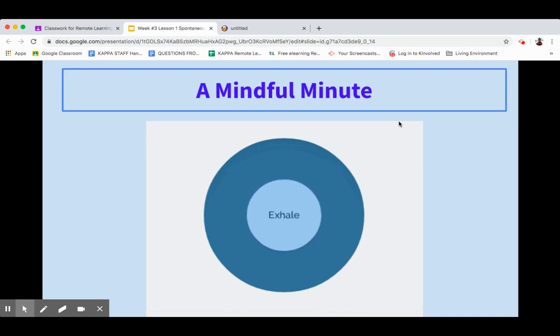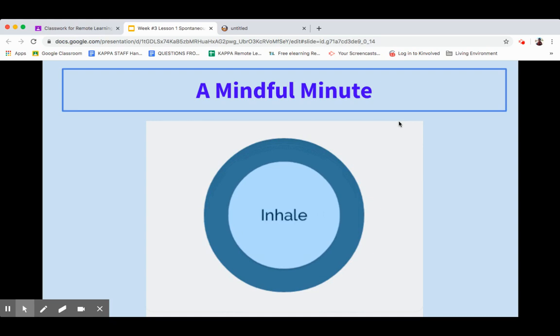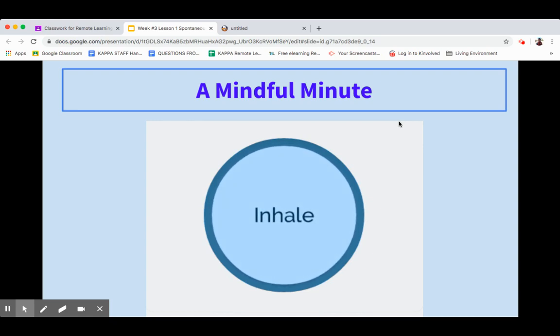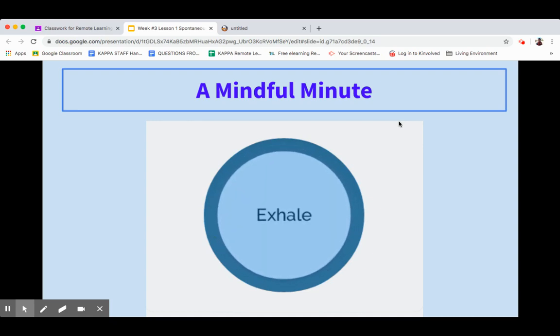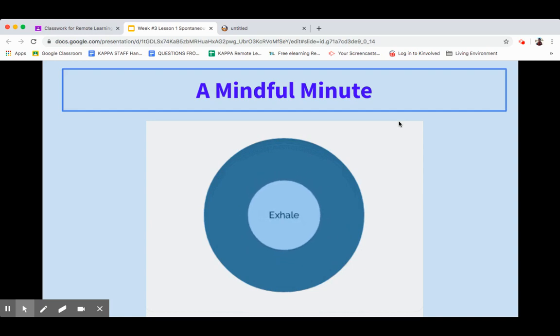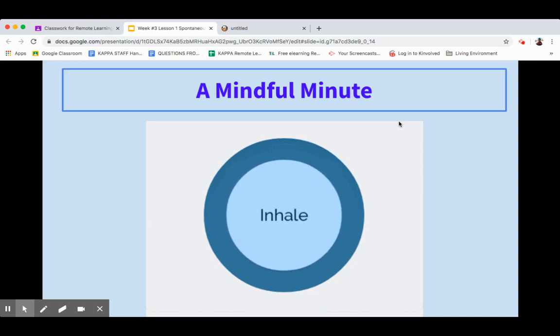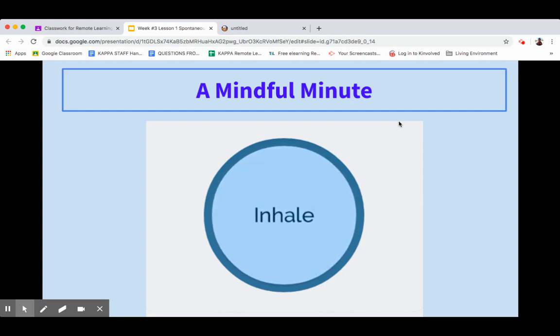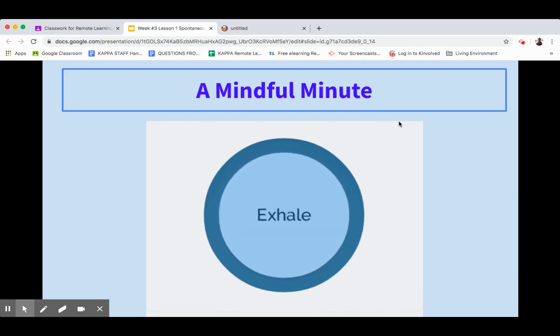So getting ready, we'll inhale through our nose, nice deep breath in, and exhale, releasing the air. Inhale, nice deep breath, and exhale, letting it out.